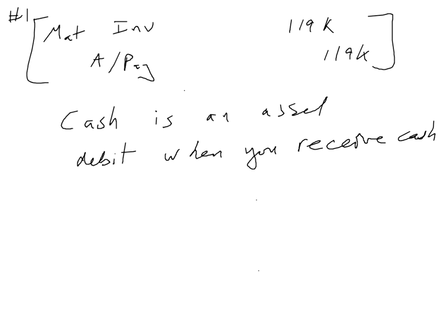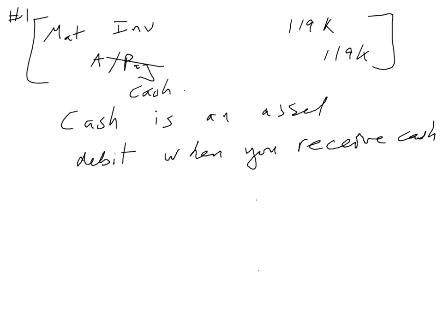So, for example, in the first one, it says you purchased $119,000 of materials on account. Again, let's say you forget which one should be debited and which one should be credited. Instead of saying purchased on account, let's just say you purchased it with cash.